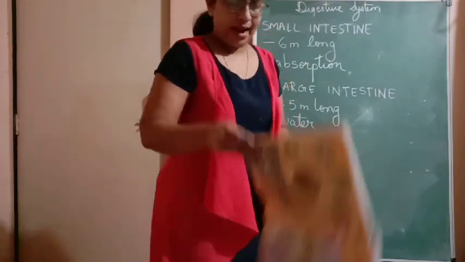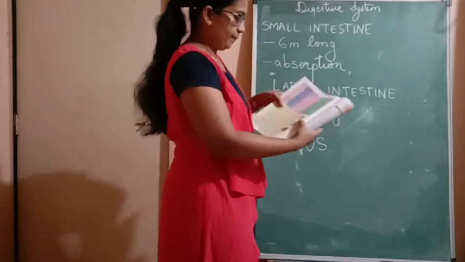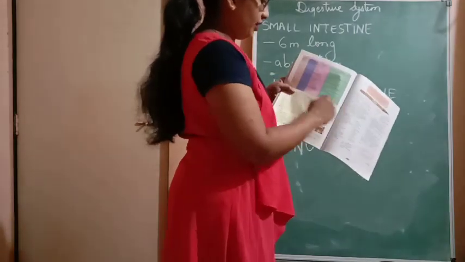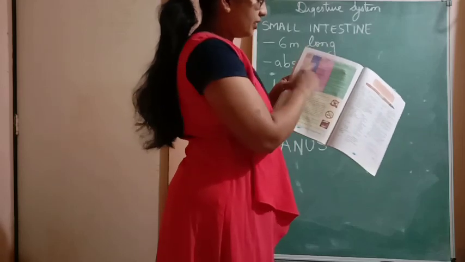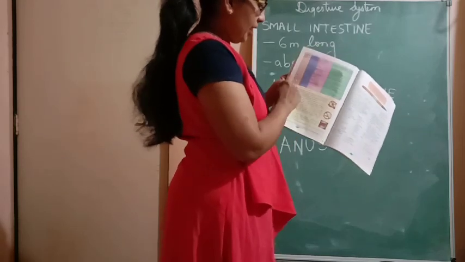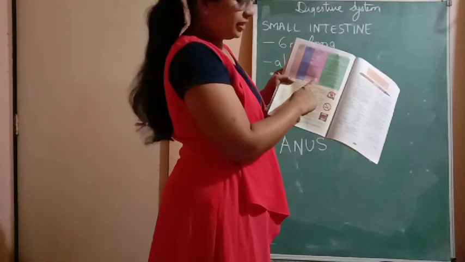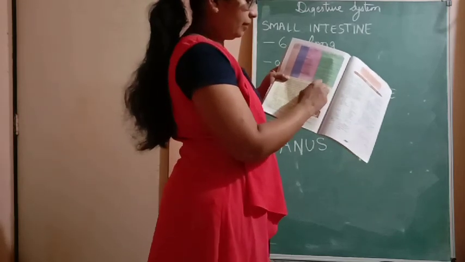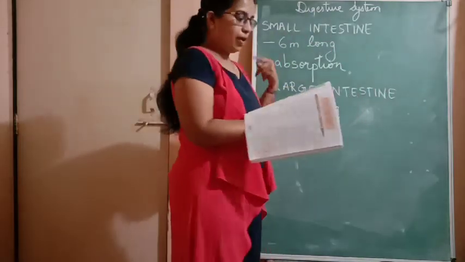Now if you look at page 86, they have given you a table which we have already discussed, the various organs present. You can see the small intestine here has intestinal juice, and it basically does the conversion of everything: the proteins, carbohydrates and fats.